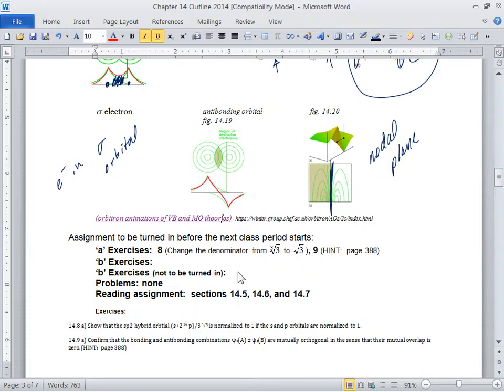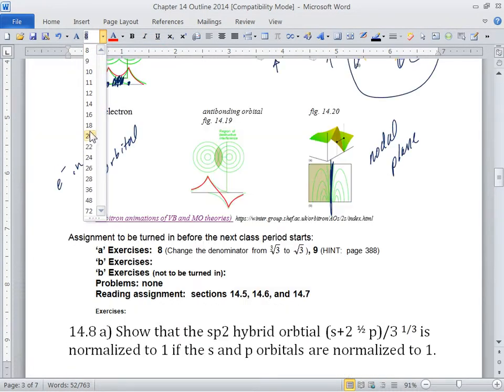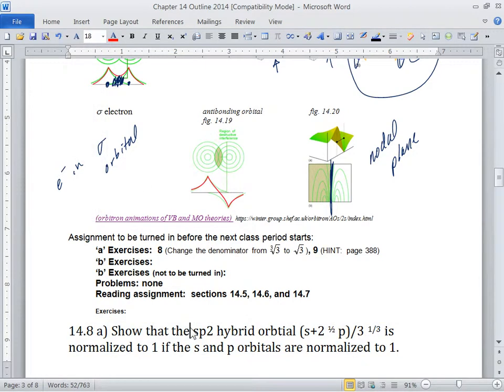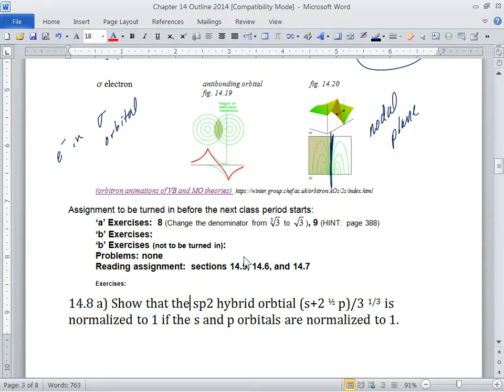A exercises, number 8. Change the denominator from the cube root of 3 to the square root of 3. Hint, page 388. Okay, let's see what they're talking about.